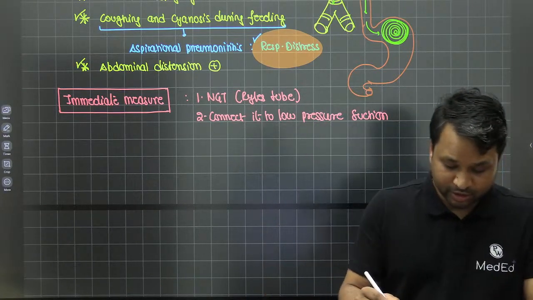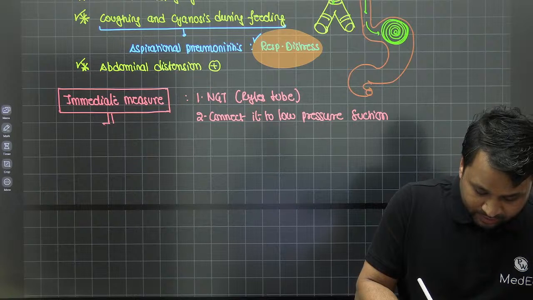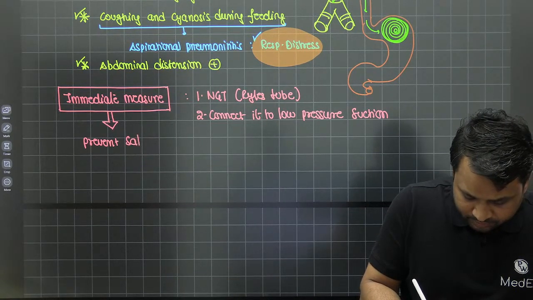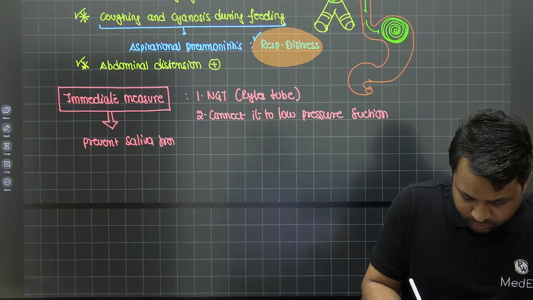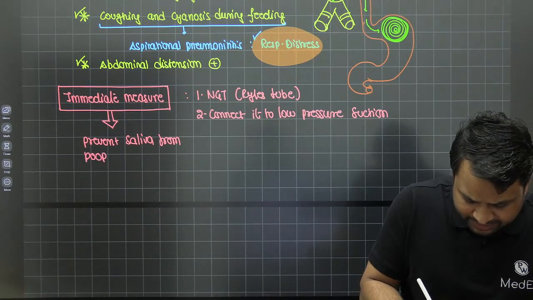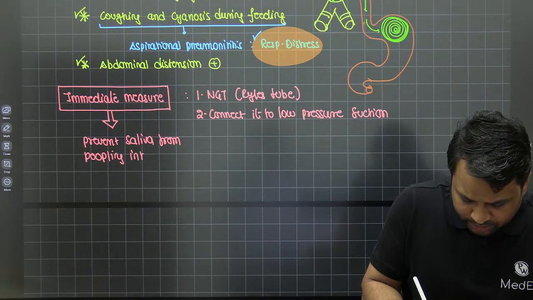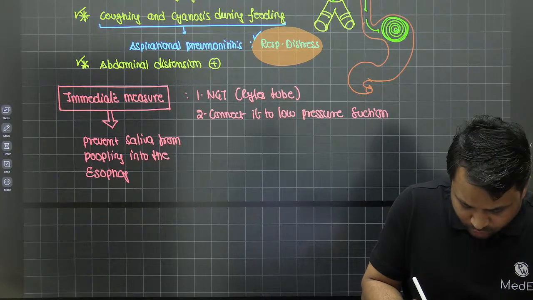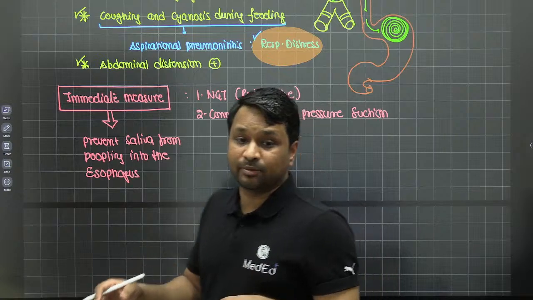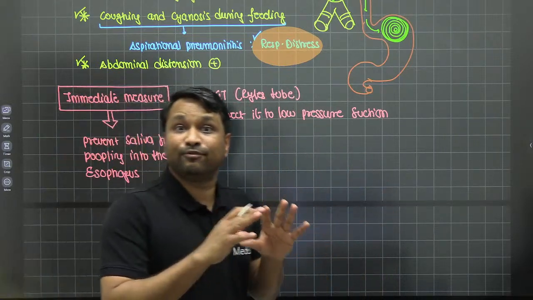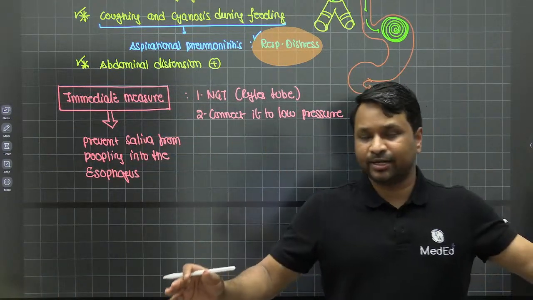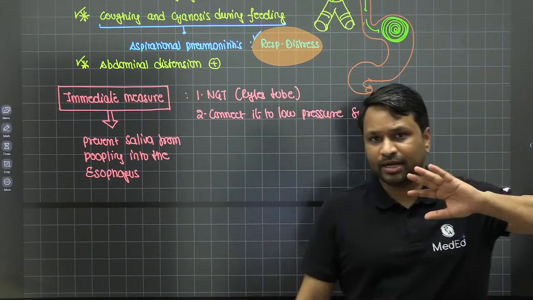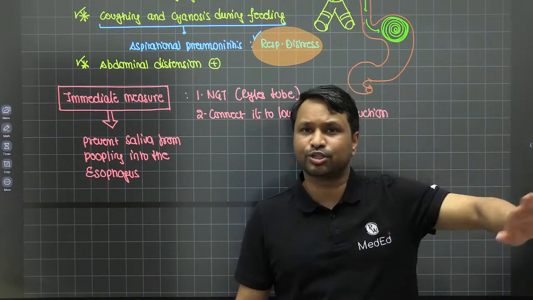Now, the objective here is to prevent saliva from pooling into the esophagus, because if you are not preventing this, this is the culprit which is going to result in aspiration. I have to prevent that. So all that I did is put a nasogastric tube, connect it to a low suction pressure, and allow that saliva or the secretions to be taken out.